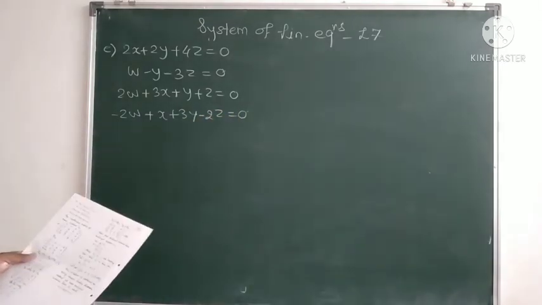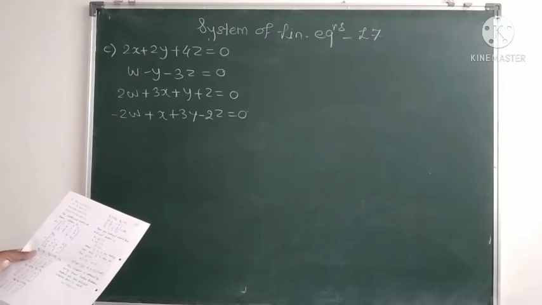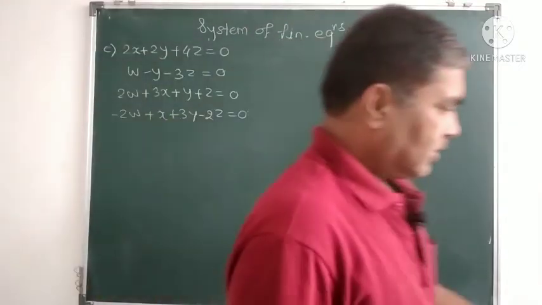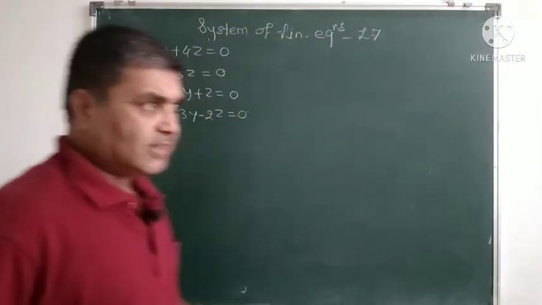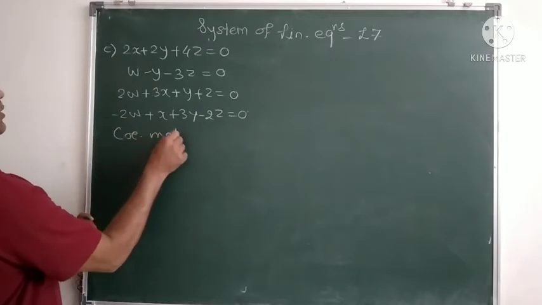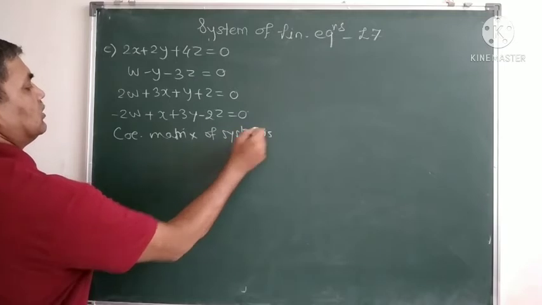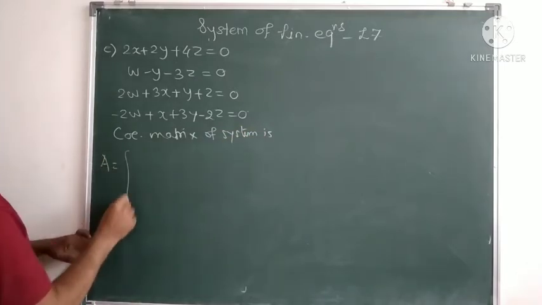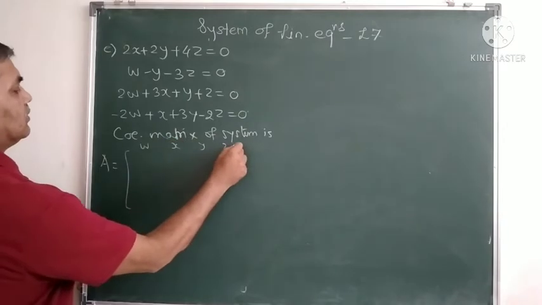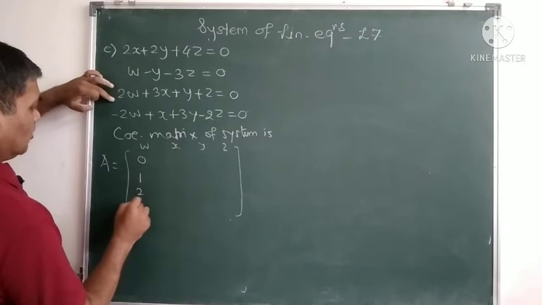Again, this is a homogeneous system, so it is not necessary to take the augmented matrix form. The coefficient matrix of the system is A equal to, so it's like w, x, y, z columns. What is the w column? 0, 1, 2, minus 2.